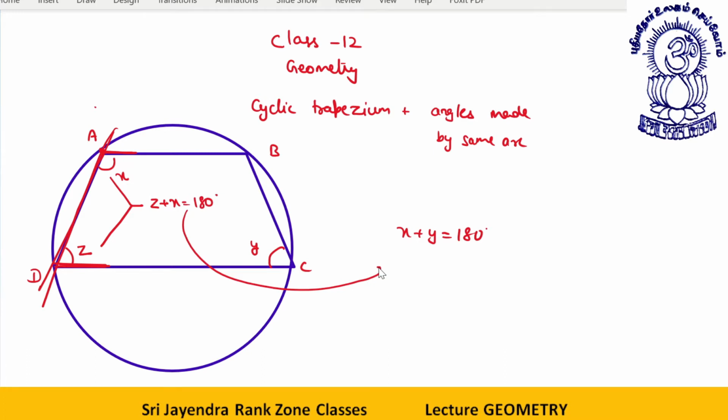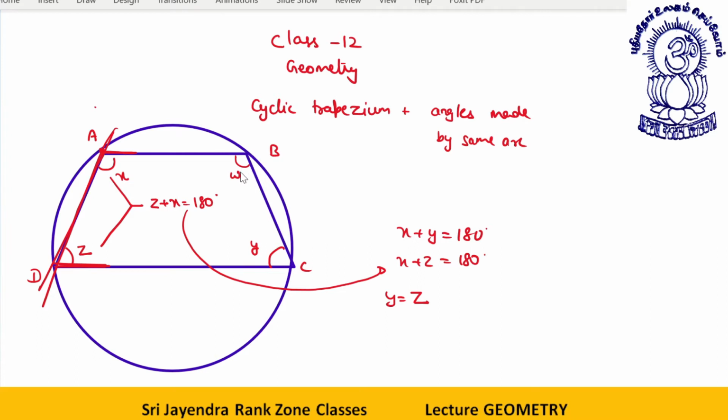What do I get? I get Y is equal to Z. The moment I get Y is equal to Z, this becomes my Y. Suppose I say this angle is W. So this W will also come out to be X.